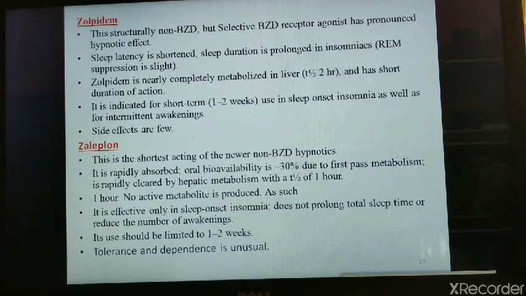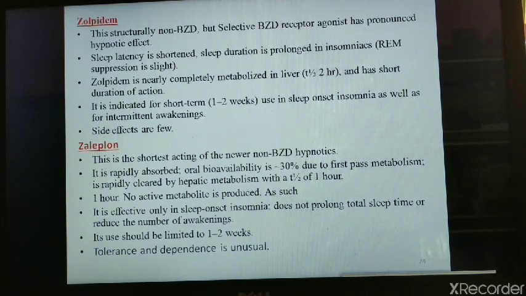This is followed by another non-benzodiazepine, that is etizolam. Etizolam is also a benzodiazepine analog and produces the full range of benzodiazepine actions like anxiolytic, hypnotic, anticonvulsant, and muscle relaxant properties.